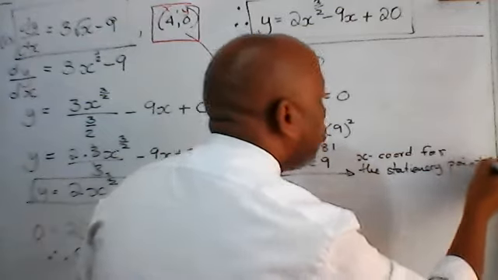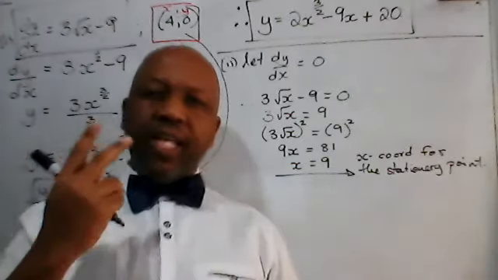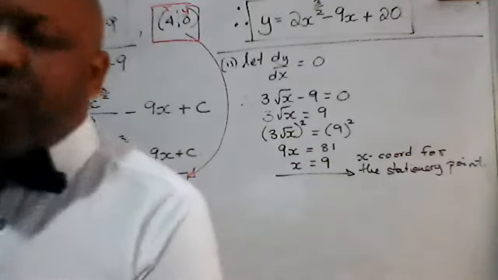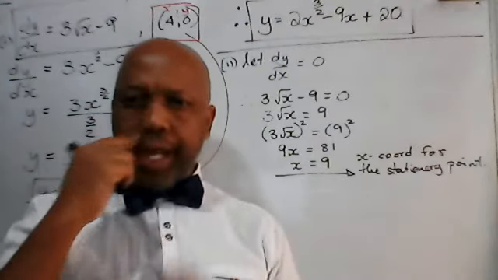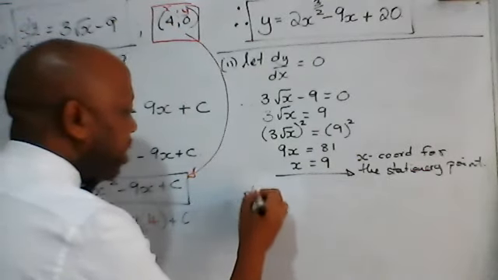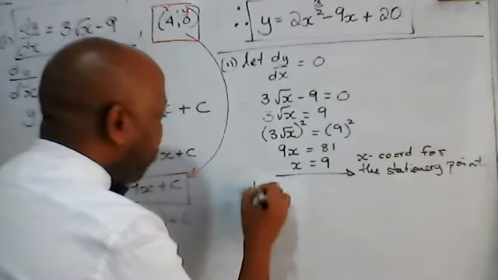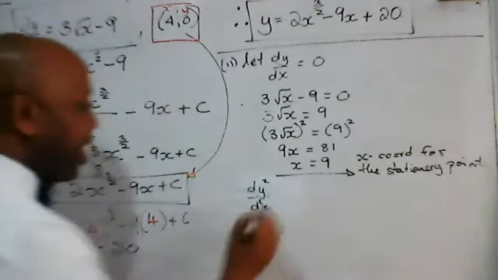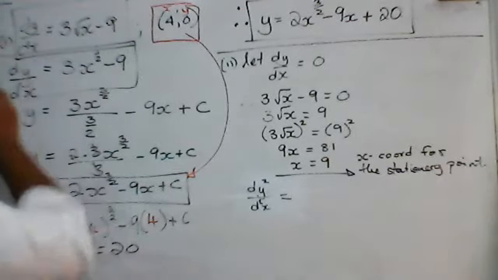The next thing we need to do, guys, is to determine whether this point is a maximum or a minimum. To do that, we take the second derivative. Again, we've covered this when we were doing graph sketching. So we take d2y/dx squared; in other words, you take the function dy/dx and differentiate it.